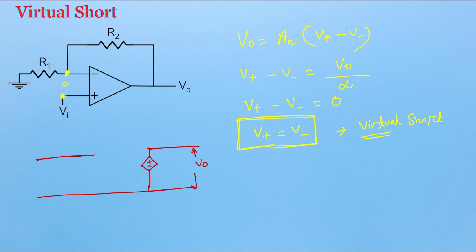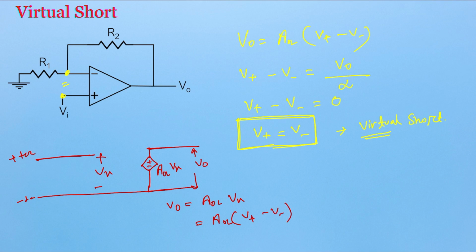This will be the output voltage, and this will be AOL into Vx, where this is the Vx. This is the positive terminal and this is the negative terminal. So this output voltage is equal to AOL into Vx, or AOL (V plus minus V minus), the same equation.